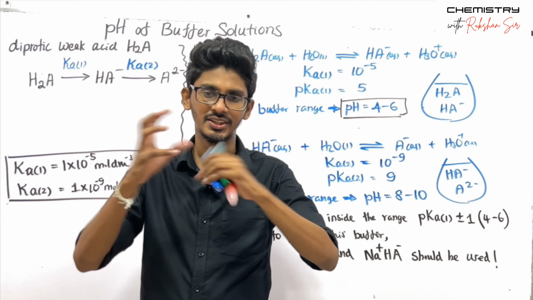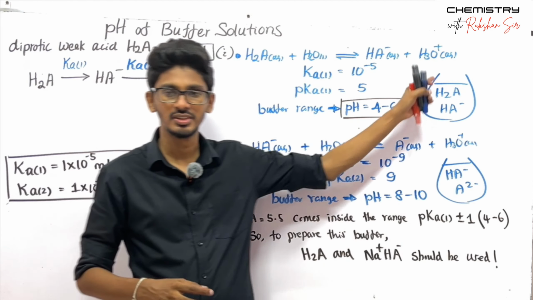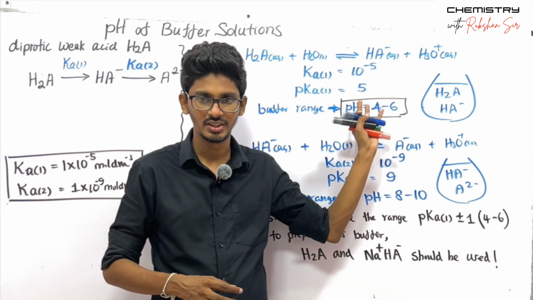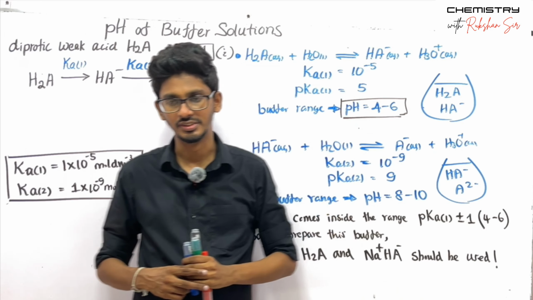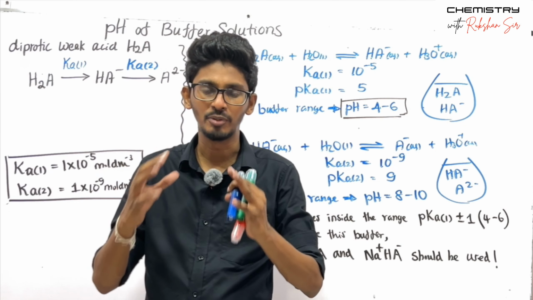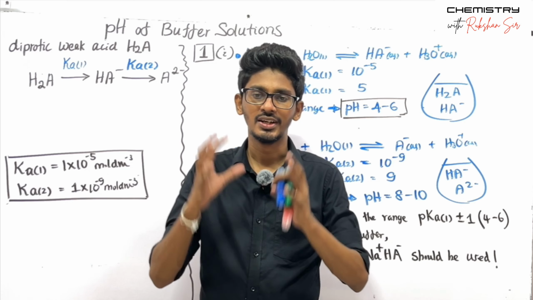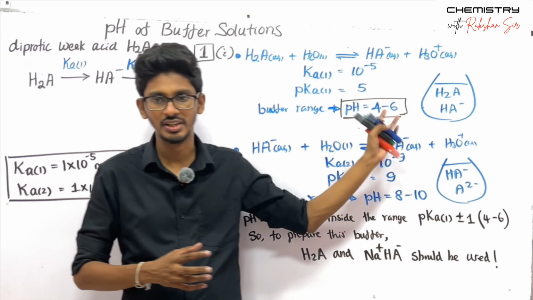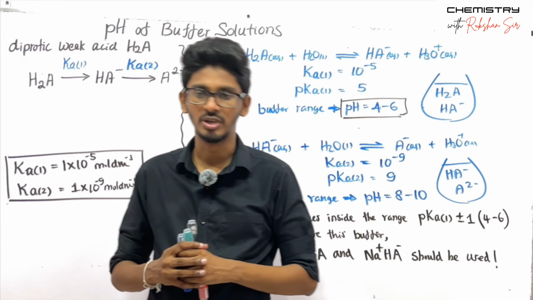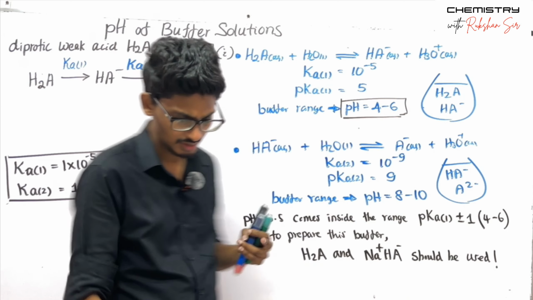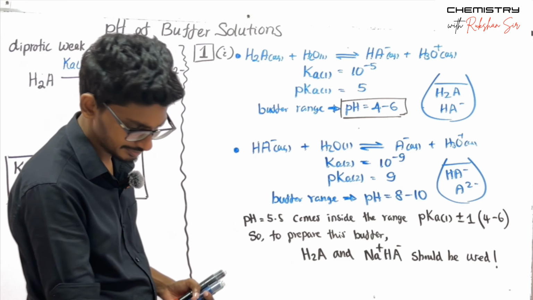By varying the ratios of these two guys, you can come up with different pHs between 4 to 6. So we need the specific 5.5 pH value now, right? So let's discuss what kind of ratio these two guys should be added in to come up with that pH 5.5 buffer, right?